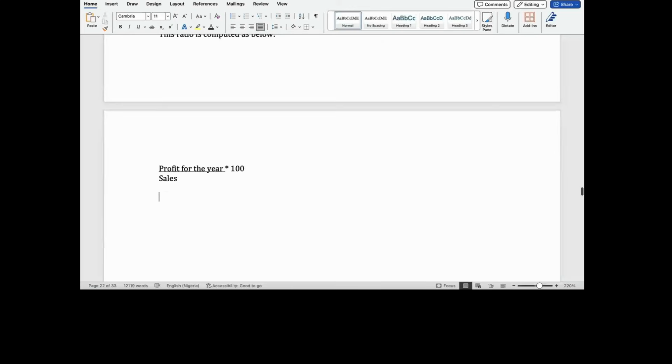So Laura, correct. The next one, after net profit margin, is your asset turnover ratio. I think I did asset turnover. So this is a measure of efficiency, also a measure of profitability.